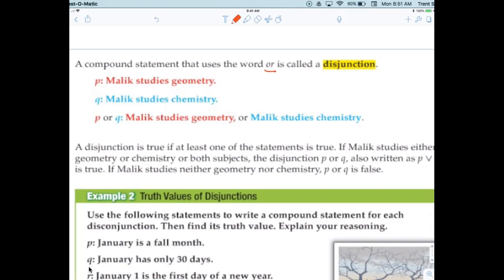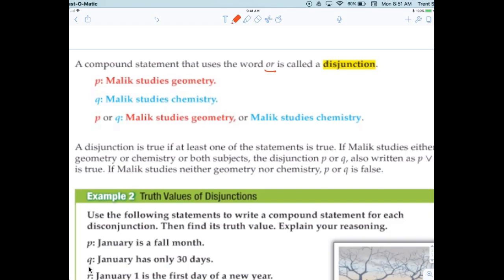Now, what is true about an or statement? You're going to have two statements, but only one of them has to be true. Either A or B has to be true. Can they both be true, though? Yes. But you have to have at least one.